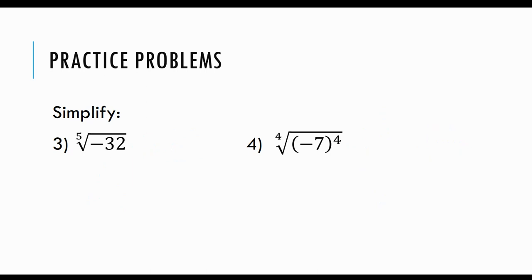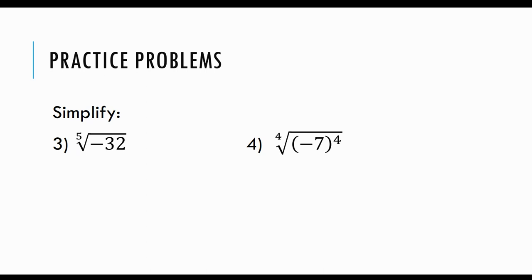If I'm looking at the next one, notice that my index is a 5 and it's an odd number. And so because I see a negative number underneath that radical, this time it's okay. I'm not going to say no real solution because when it's an odd index, I'm going to have a real solution. And now I need to look for 5 of the same number.